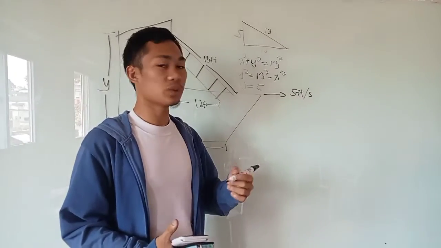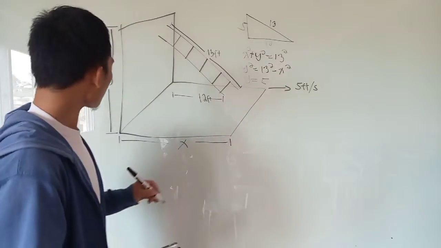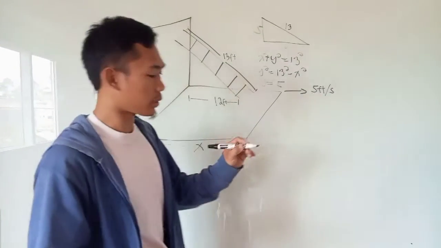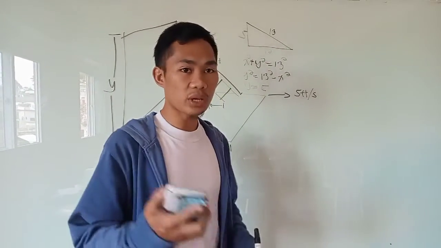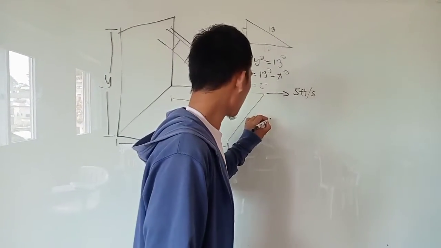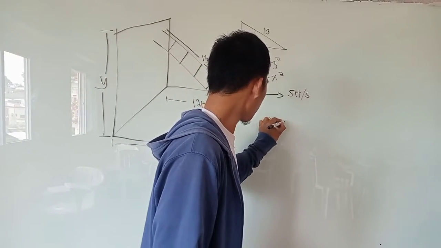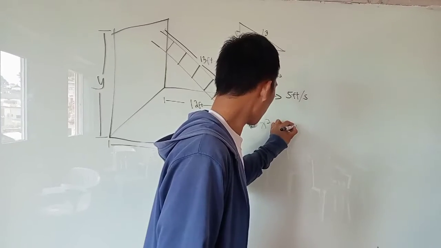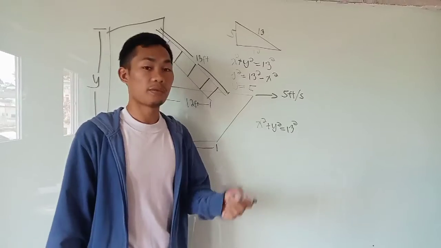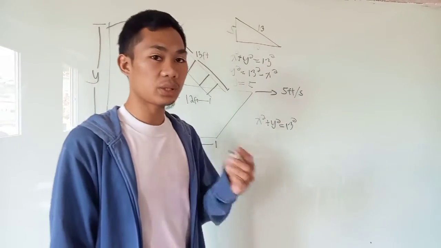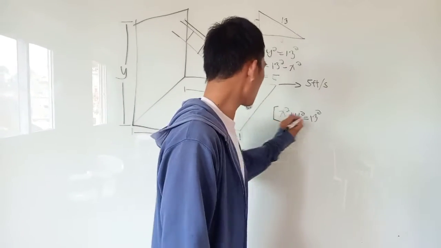Just like what we did in the examples, we use the formula for the Pythagorean theorem: x squared plus y squared is equal to 13 squared. Now, just like what we did, we have to differentiate both sides.